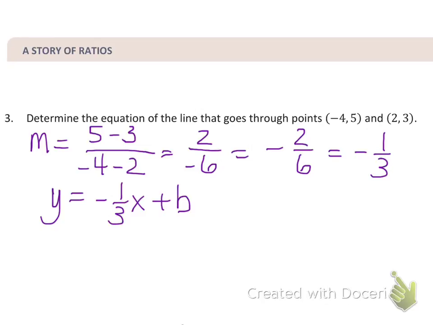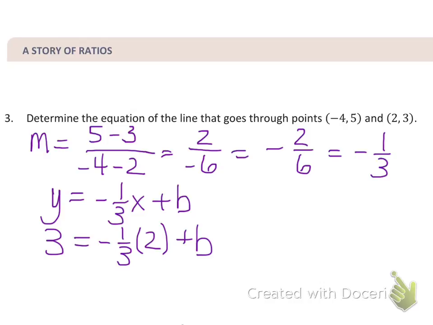And we'll put that in there. So the y-coordinate is 3. And this is going to be negative 1/3 times the x-coordinate, which is 2, plus b.